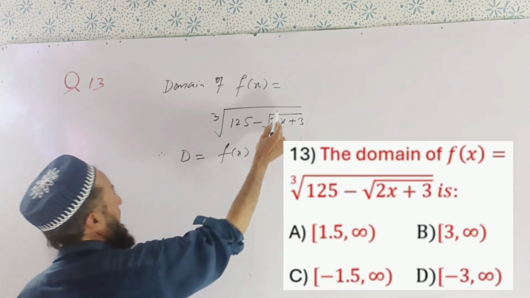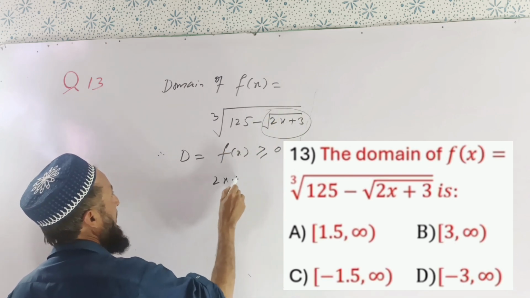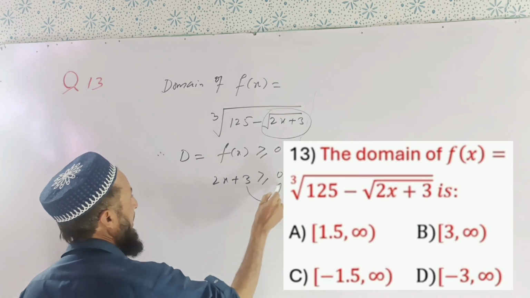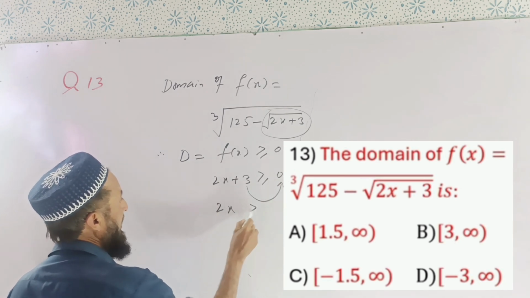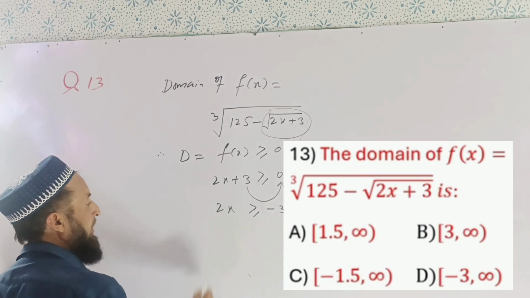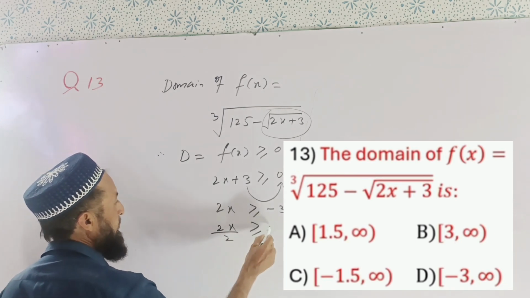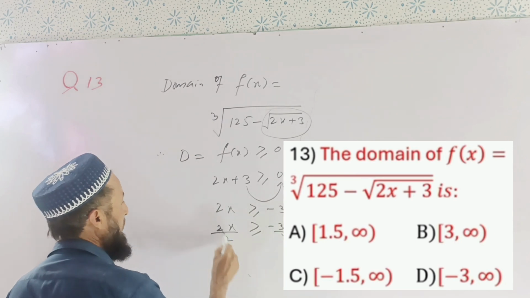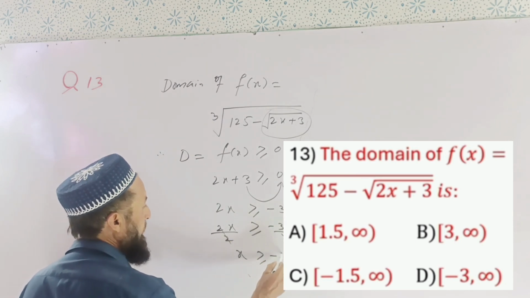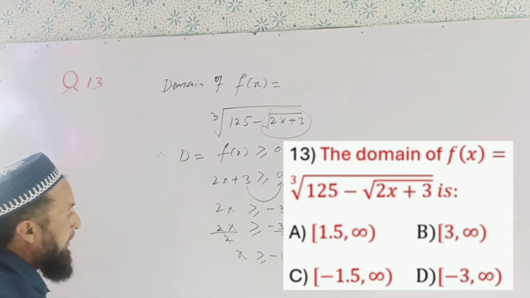So if we define 2x plus 3 greater than or equal to 0, we get 2x greater than or equal to minus 3. Dividing both sides by 2, the 2 cancels, x greater than or equal to minus 1.5. So that is the value of the domain.